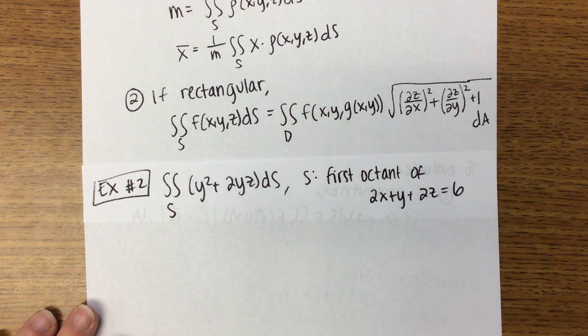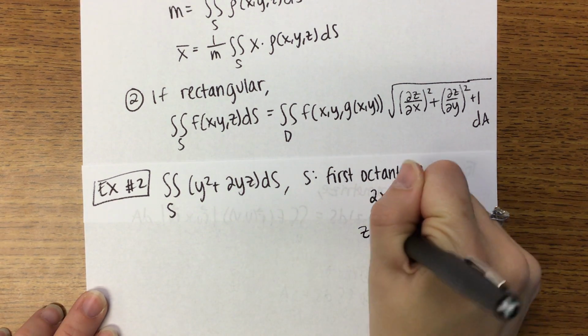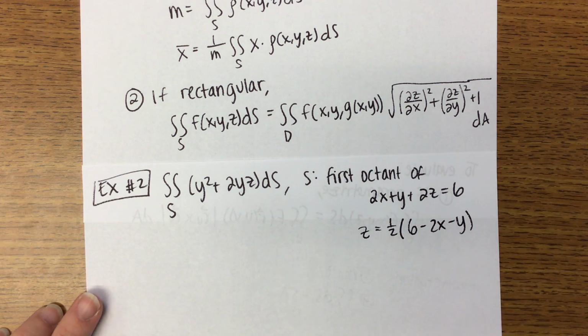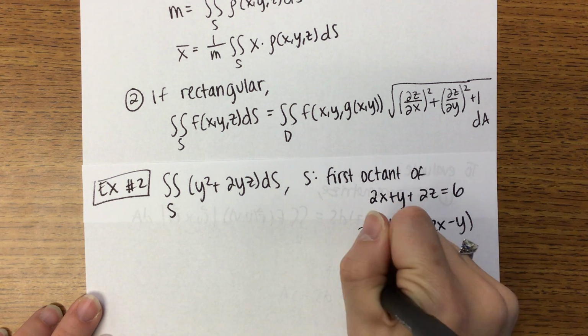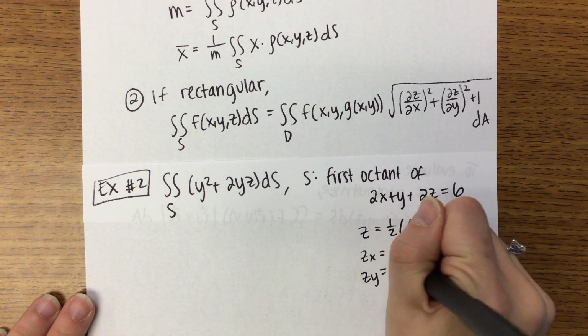We are still going to need z in terms of x and y. So the first thing that we want to do is solve for z. Z is 1/2 the quantity 6, subtract 2x, subtract y. Based on our formula above, we're going to need the partial of z with respect to x and the partial of z with respect to y. Partial of z with respect to x is -1.